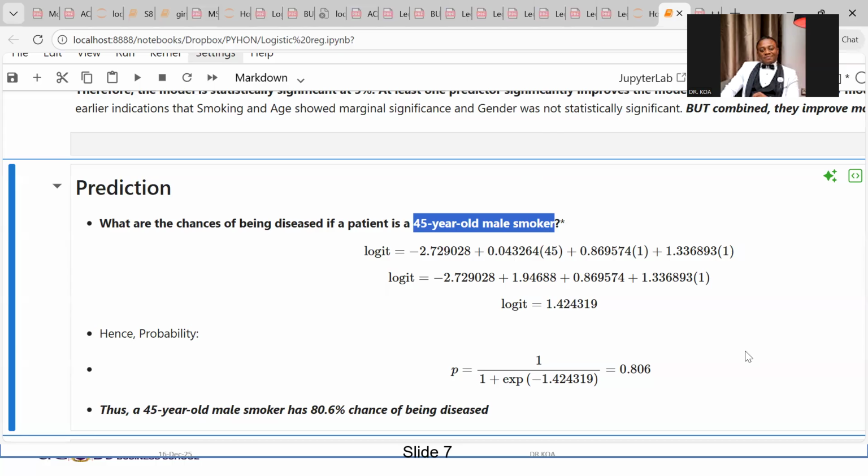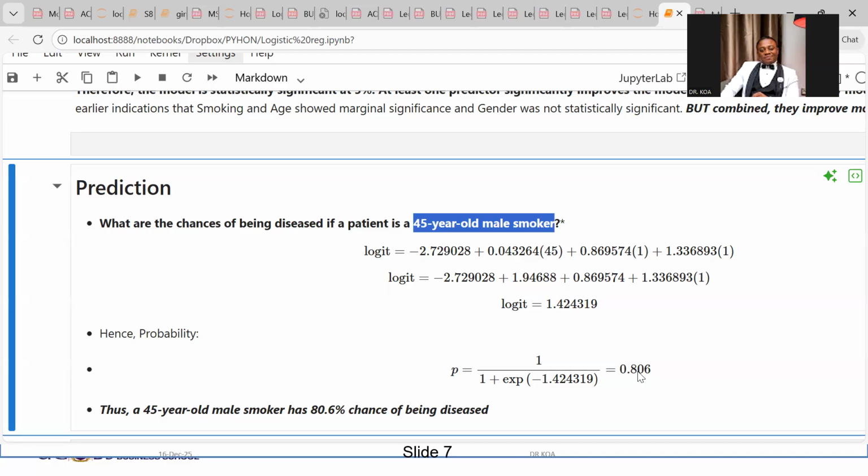So all you have to do is take the exponent of the value, remember to bring the minus attached to it, and then add it to 1 and then take the inverse of that answer. And that will give you 80.6%. That will be the probability. So remember, you need to get a Logistic value and substitute it into the probability formula. And then that gives you the probability.